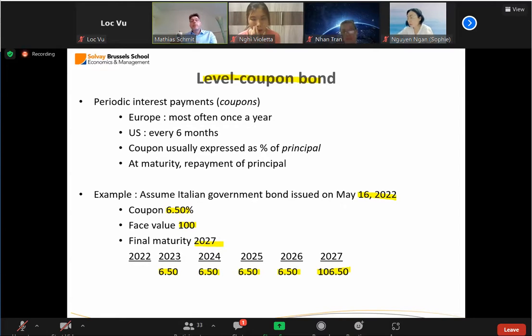So the last year you receive the 6.5 coupon plus the reimbursement of the 100. How do you value this? You discount all the amounts: this amount over a year, this amount over 2 years, 3 years, 4 years, 5 years. It's like an annuity. You value it like an annuity.